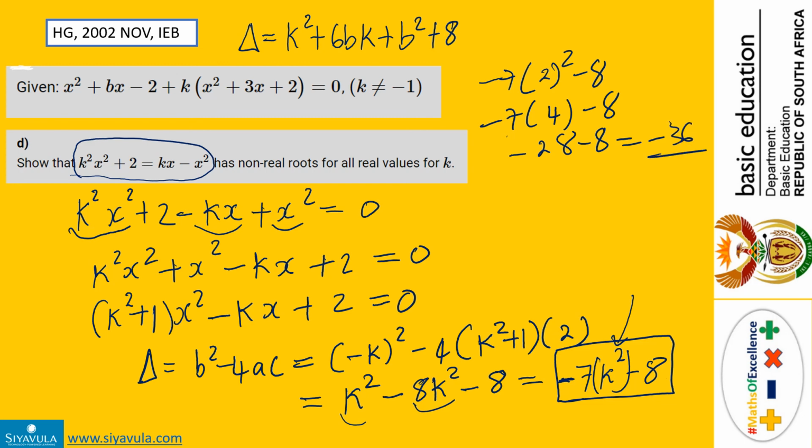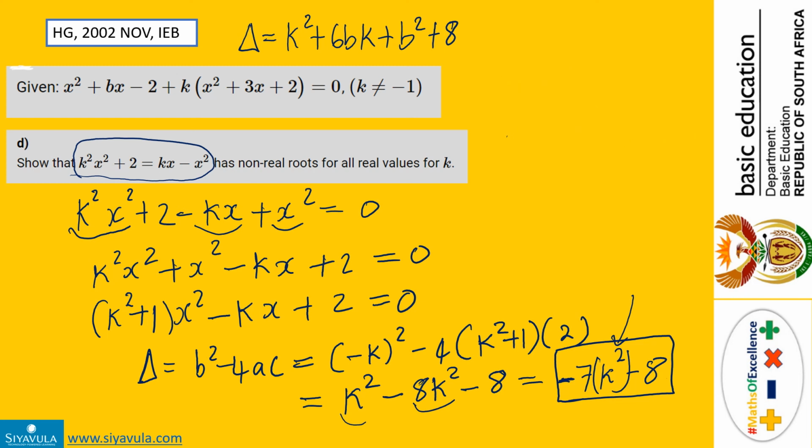You see, for any value of k, that thing will always be less than 0. It will always be negative. So we can deduce that our delta will always be less than 0. Therefore, the roots will always be non-real because delta is less than 0.